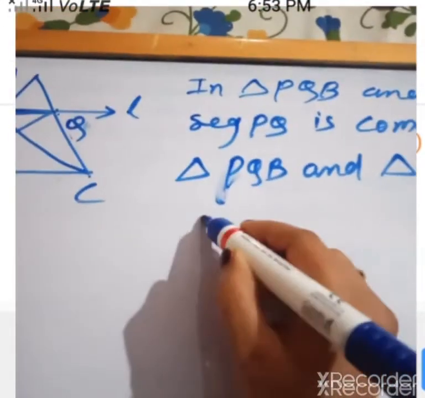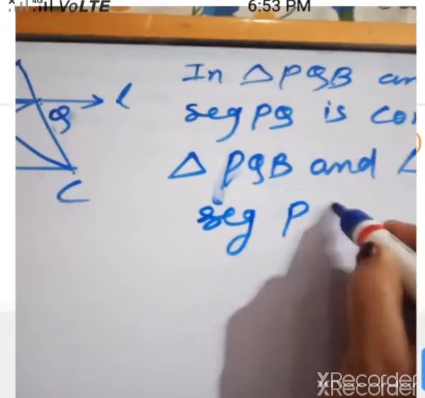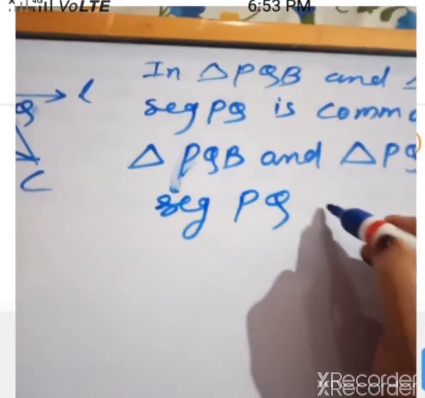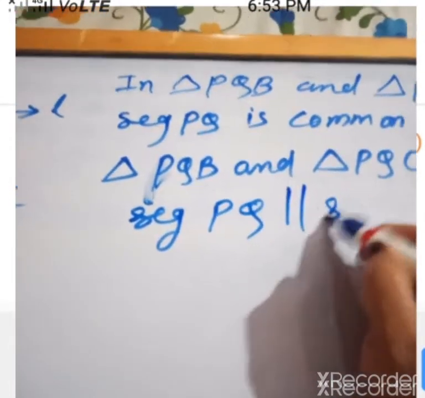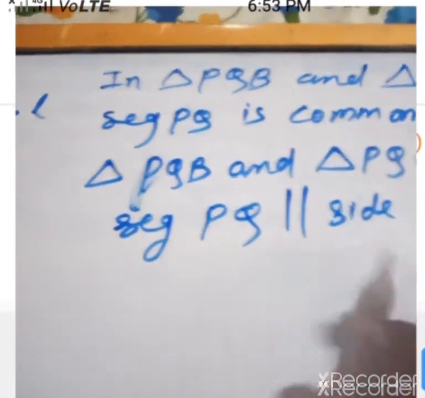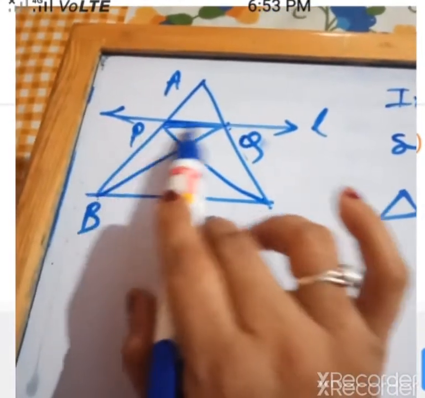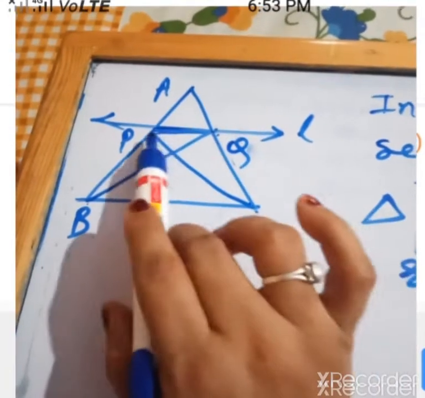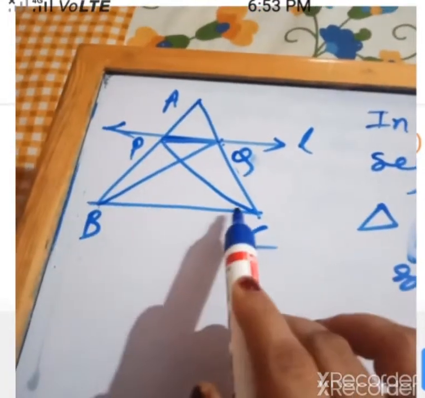Then segment PQ, or line L, is parallel to side BC. Line L, or segment PQ, is parallel to segment BC.